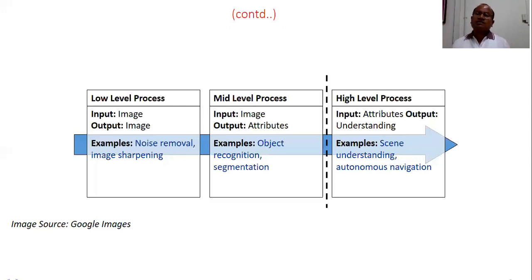All these decisions can be made by an autonomous driverless car. How? That's high level image processing.